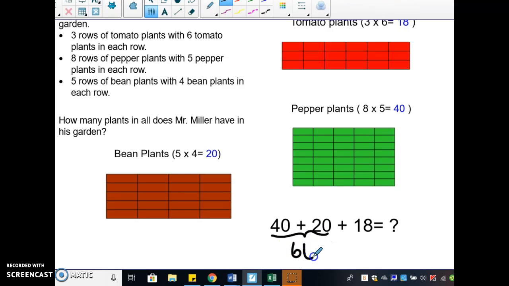And then, because the 40 is from the pepper plants, and the 20 from the bean plants, plus the 18 from the tomato plants, I know 60 plus the 10 from the 18, that's 70, plus 8 ones would give me 78.